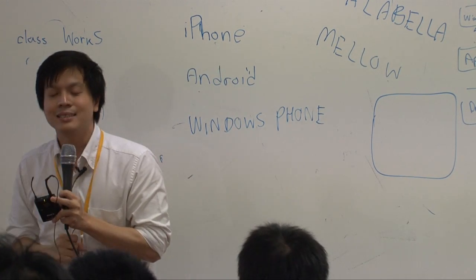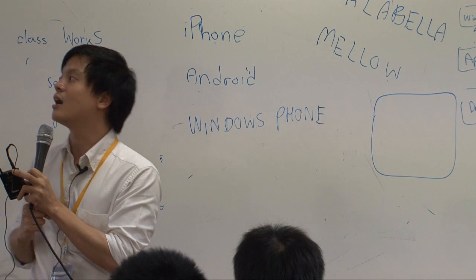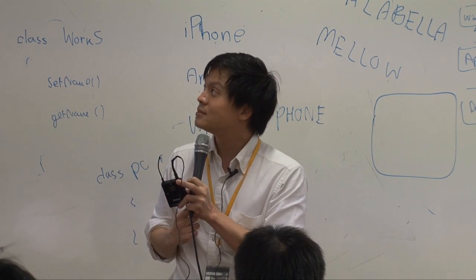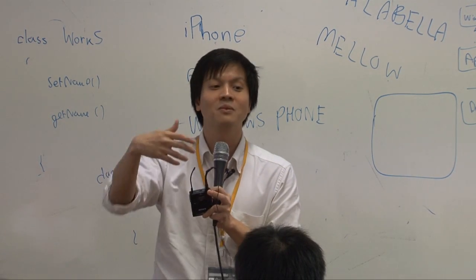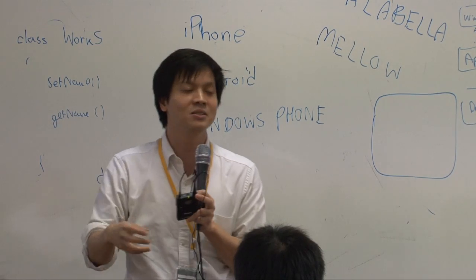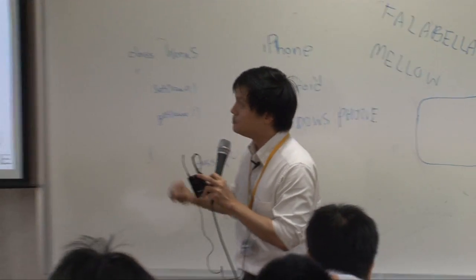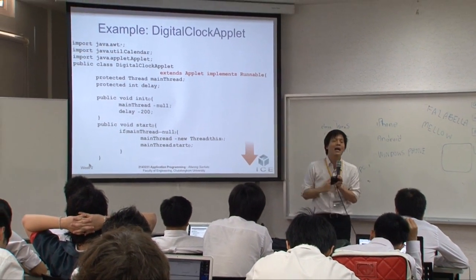Right. Let's say we would like to create a digital clock. Let's keep this digital first. Of course, you have seen that. You will do some fancy clock in your homework. So this is a class called digital clock applet.